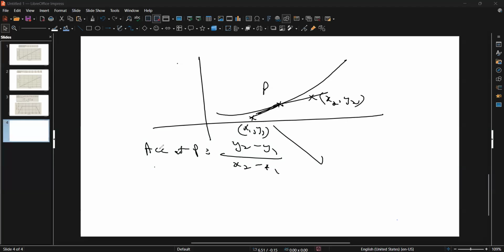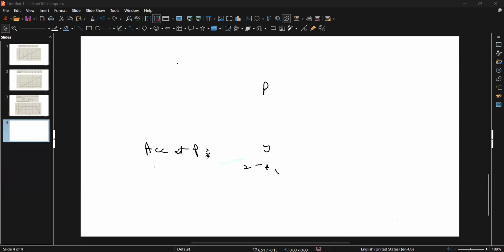If you want the average acceleration, things are going to be a little different. You'd have to draw a secant, and let me give you an example of that. All right, I ended up removing everything.